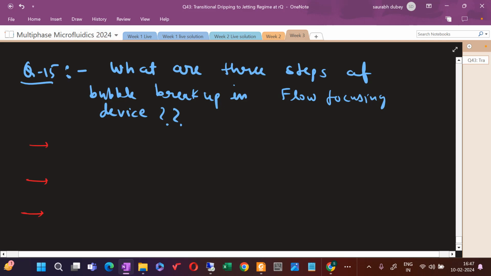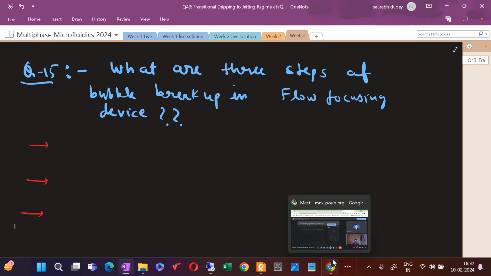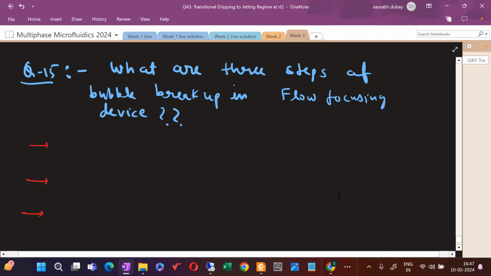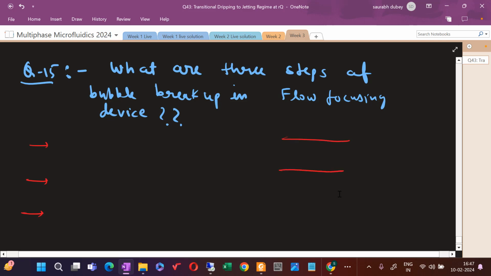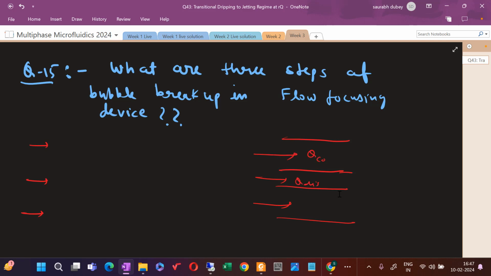So you know about the flow focusing device. Flow focusing devices are built in such a way that, for suppose, this is one stream of the continuous fluid coming up. This is another stream. From here, one stream, one stream. Q disperse and Q continuous, and this is also Q continuous.